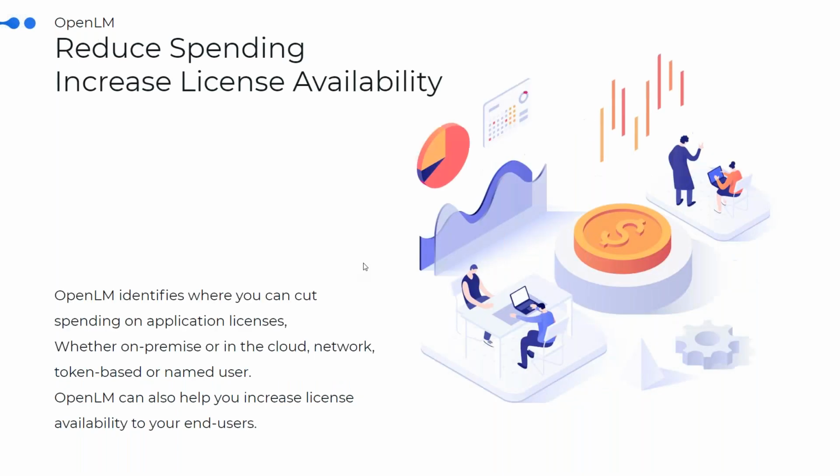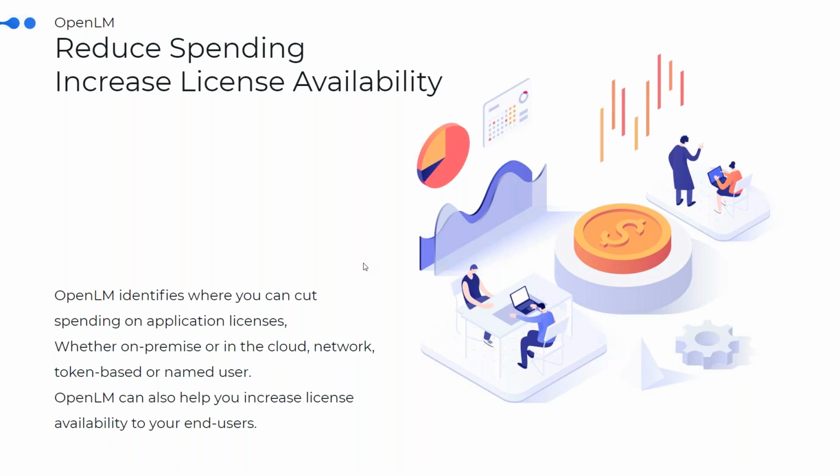You can do that. So all of this basically comes to reduce license spending and increase availability. Once you know the amounts of licenses that you have and the amounts that you're utilizing, you know if you can reduce the amount of licenses. Usually we do find a reduction.